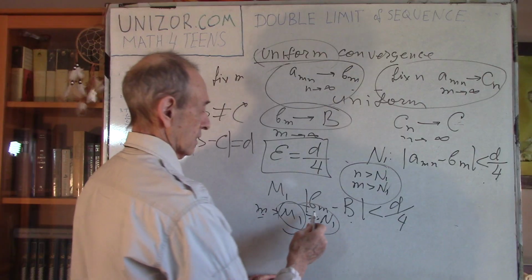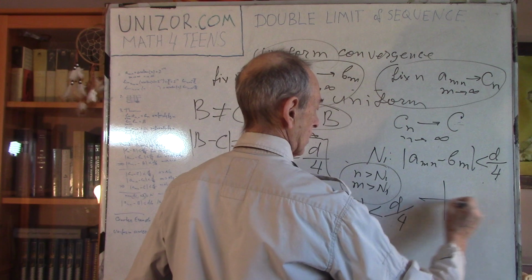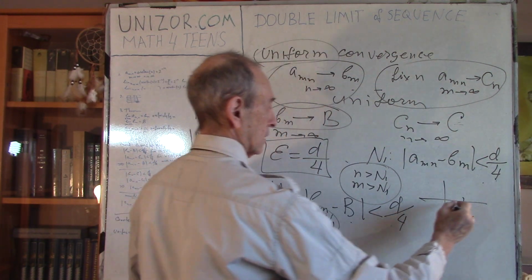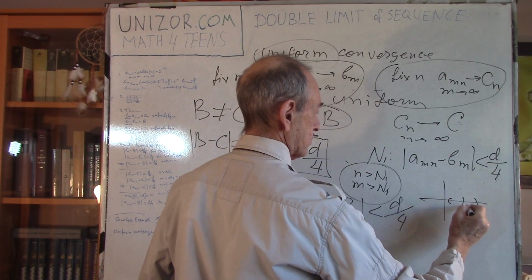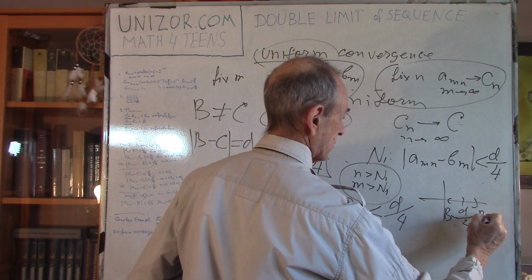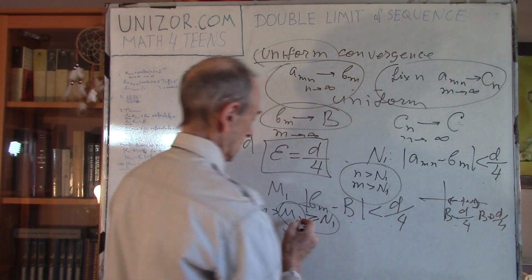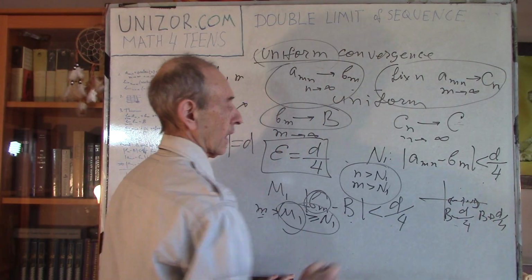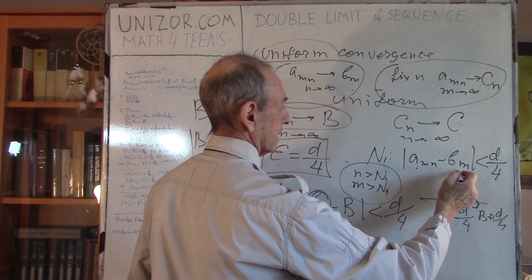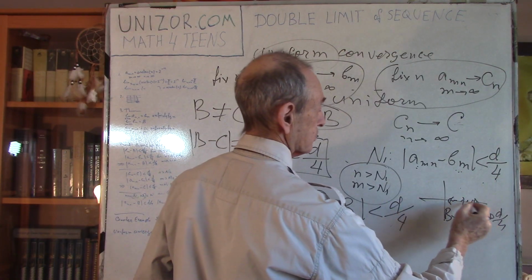But now let's think about the difference between b_m and b, which is less than d over 4. So if this is d over 4, this is b. This is b minus d over 4 and b plus d over 4. So somewhere there is b_m. And the difference between a_mn and b_m is also less than d over 4. Okay, in the worst case, it would be d over 4 and d over 4.